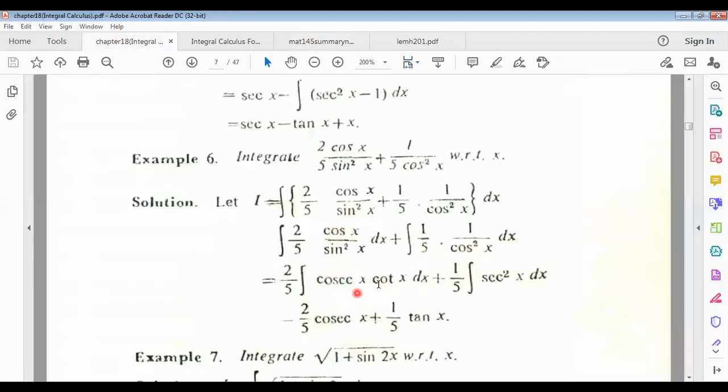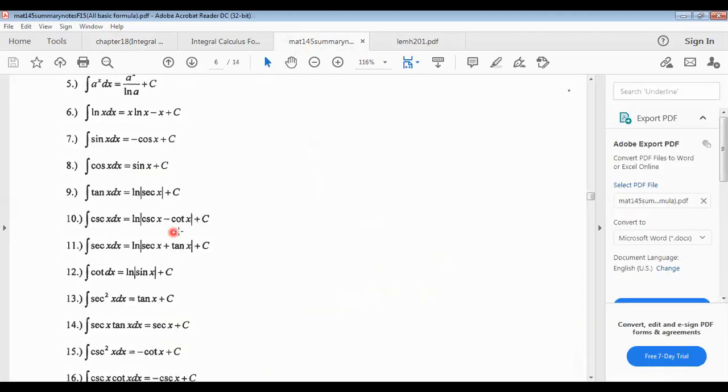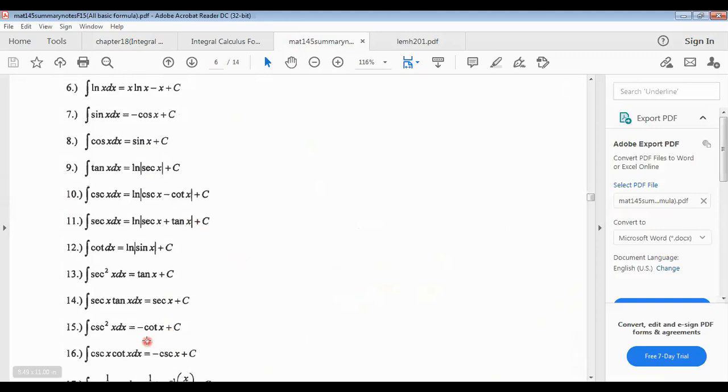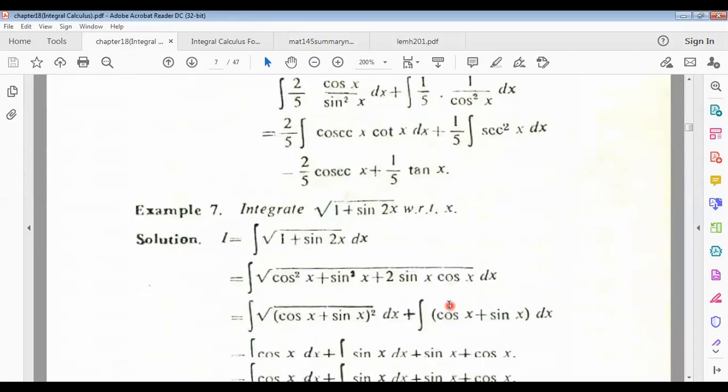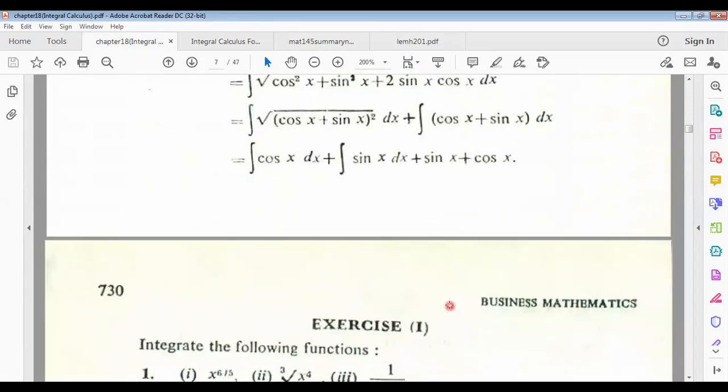So cosec x cot x formula is minus cosec x, and cosec square x formula is minus cot x. Remember it. So using the same formulas, cosec x cot x gives minus cosec x, and sec square x gives tan x. Very easy for you.